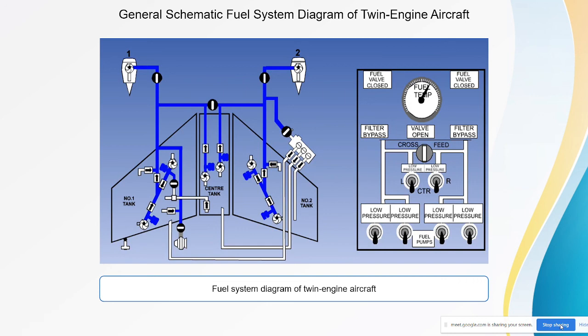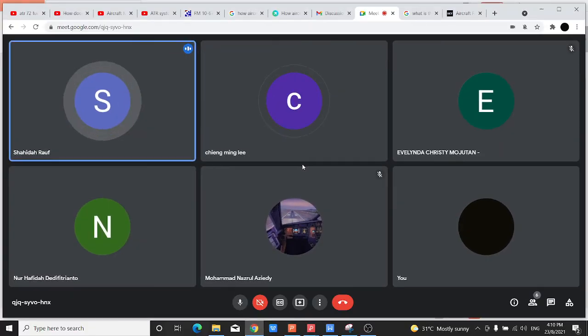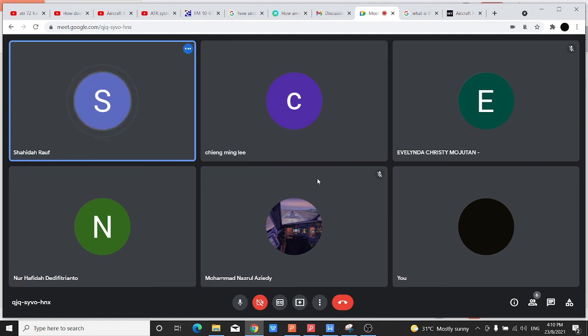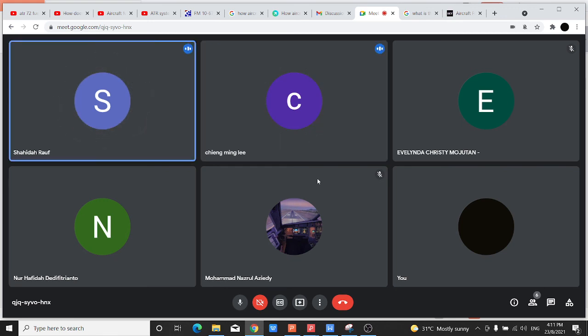I have a question regarding the hangar. Do we need to wear safety shoes when entering the hangar? No. You went there and have a look only. Do you have safety shoes? No. Because you are not working there, you are observing.